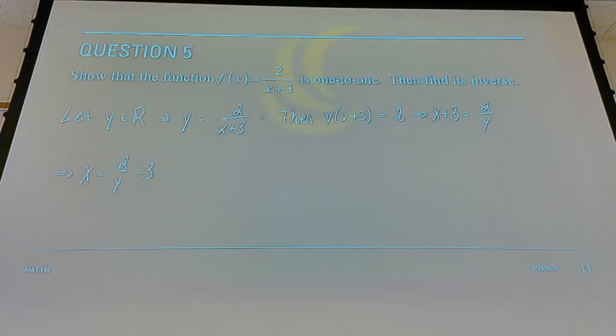Now that is an acceptable form. I'm pretty sure WebAssign would accept that, unless they specifically ask you to write it with a common denominator.